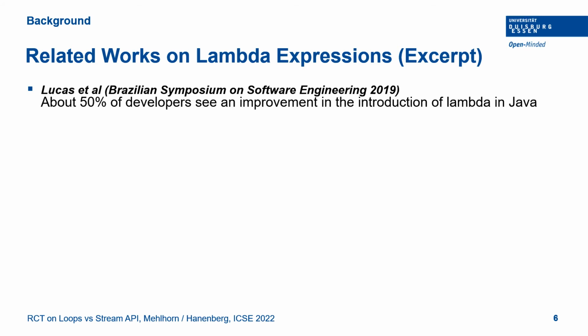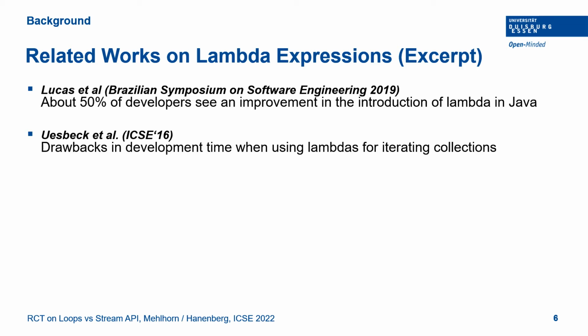In 2019, Lucas et al. determined that about 50% of developers see an improvement in the introduction of lambdas in Java. So it could be an indicator that lambdas might be beneficial. And as a consequence, it also might be the case that the usage of lambda expressions in the Stream API is beneficial.